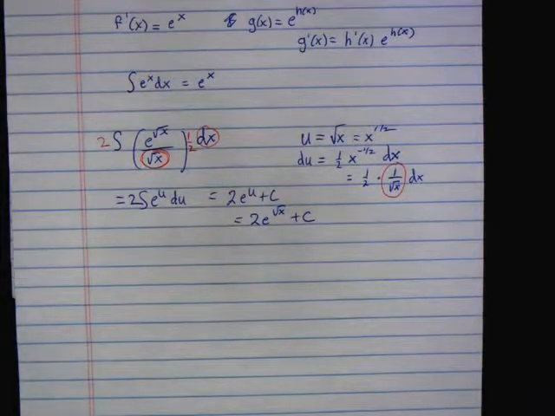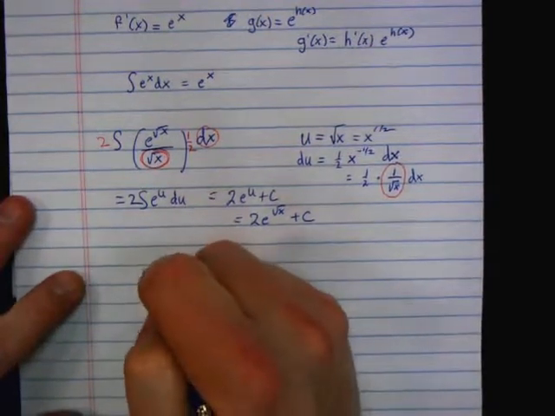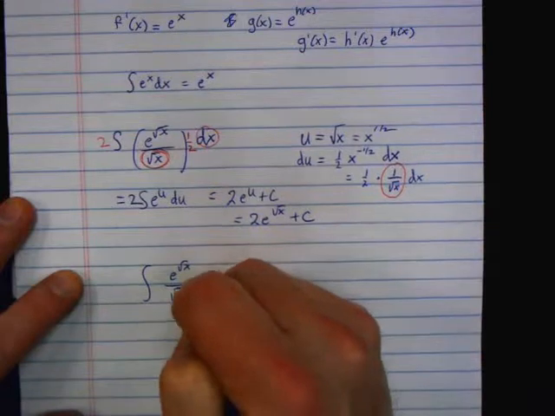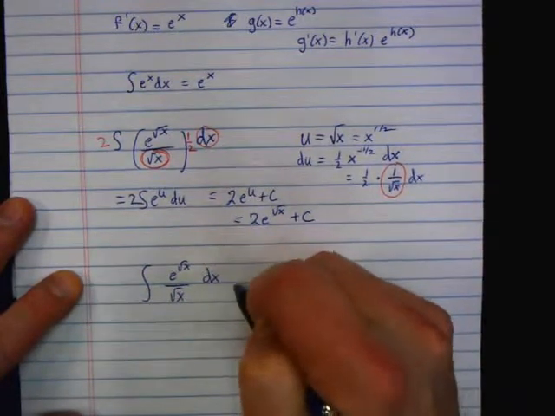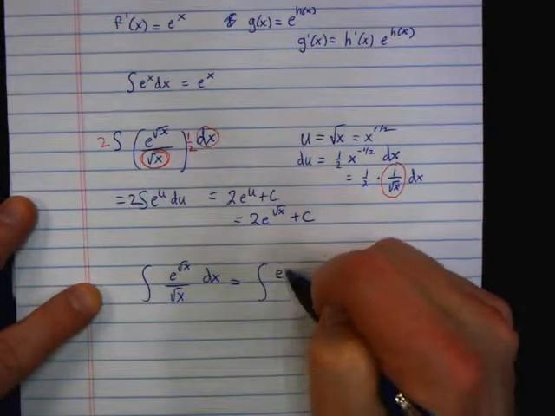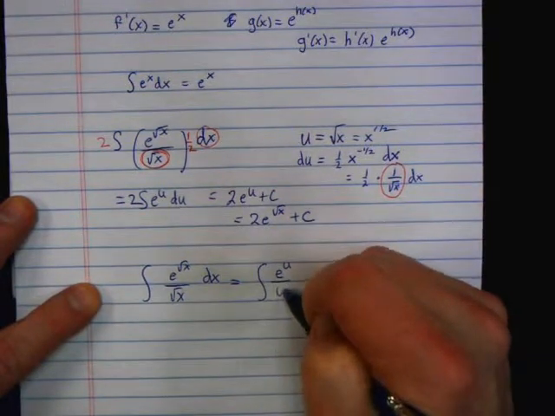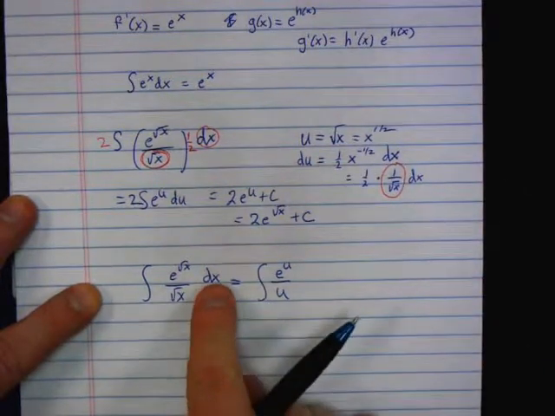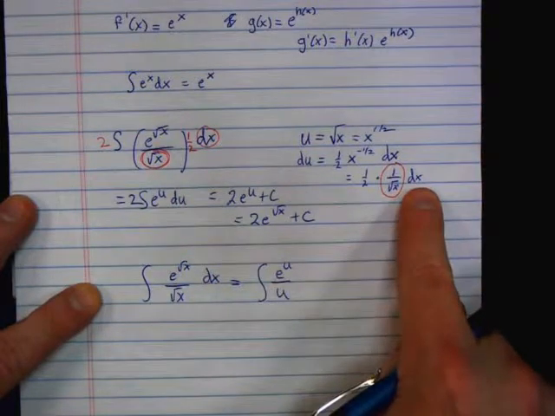All right, I see what you're saying. The answer is yes, but it's going to cause problems. So what you're saying is, I could write this as integral of e to the u over u, because square root of x is u after all. But then I still got to get rid of this dx. And so here's my dx.